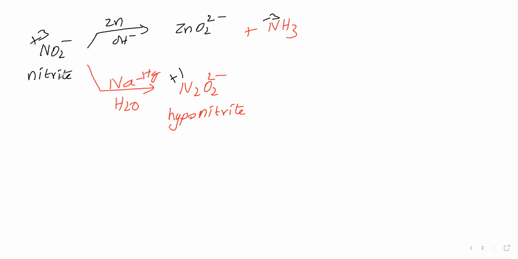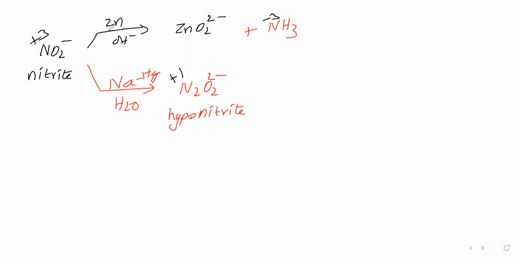Now see, the reactant nitrite is giving different products. In this case, nitrite is reducing to give ammonia. In this case, nitrite is reducing to give hyponitrite. That means here the nascent hydrogen reactivity is such that +3 is converting into +1.